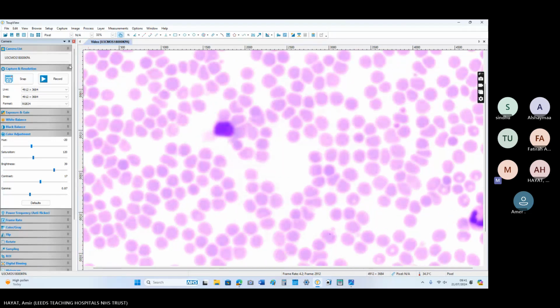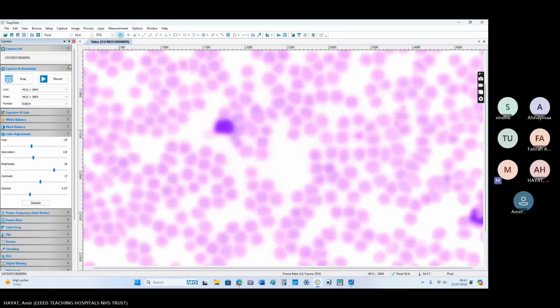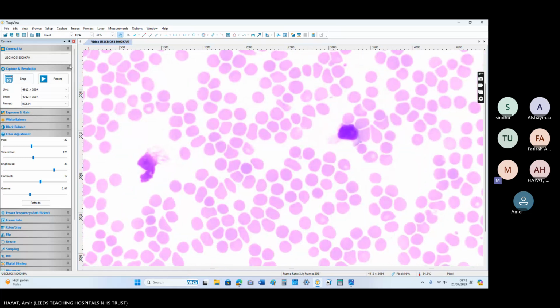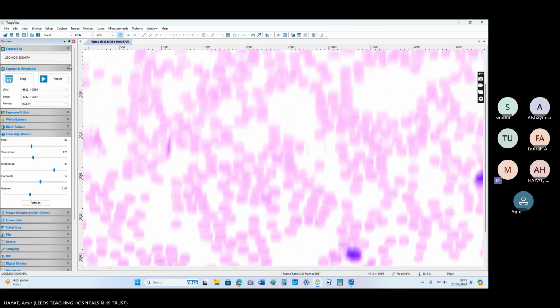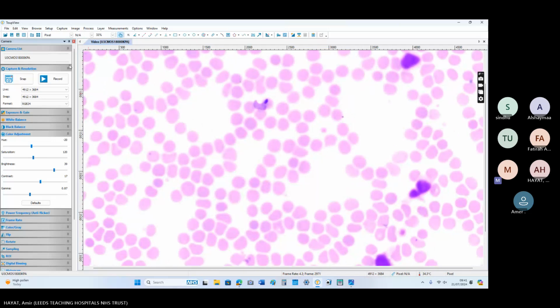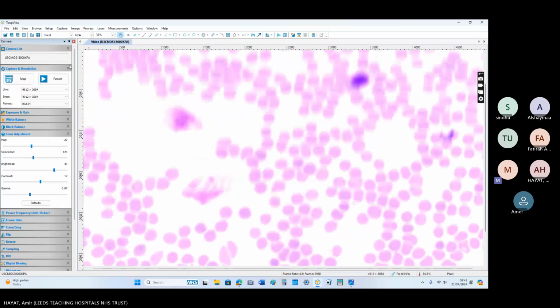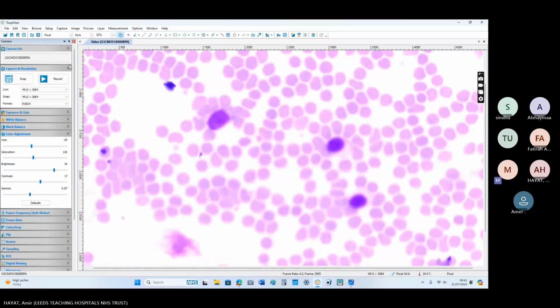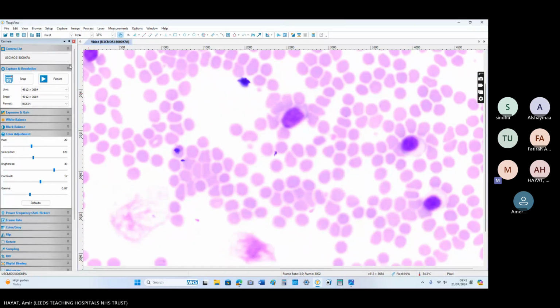Some of the large cells show abundant, agranular cytoplasm and scalloping around the RBCs, whereas the neutrophils are preserved, and the RBC morphology is unremarkable, and there is mild thrombocytopenia.